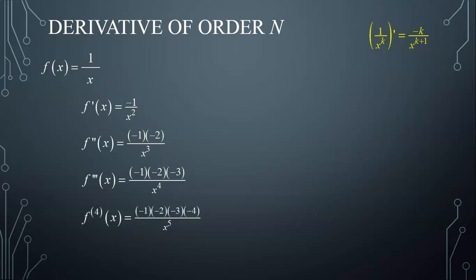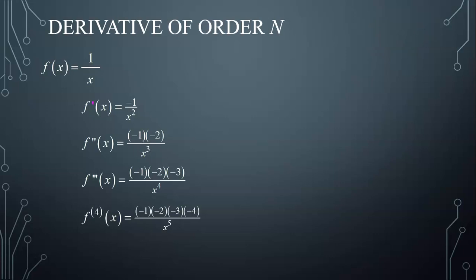Again, the derivative of order 4, using the same derivative rule, I end up with the product of negative 1, negative 2, negative 3, and negative 4 at the numerator divided by x to the 5. Now, let's just stop here for a moment and see if we obtained a pattern that we can follow in order to deduce the derivative of order n.